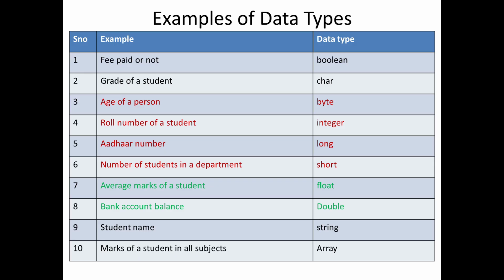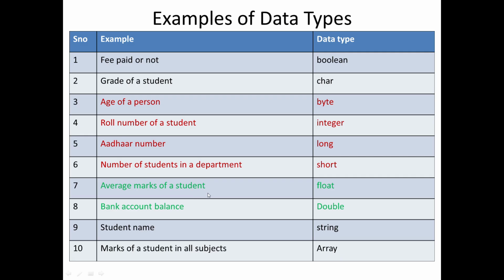It does not require as many bytes of information as integer, so fewer bytes are enough, which is possible by using the byte data type. Similarly, for the number of students in a department, we can use short. Suppose you want to store an Aadhaar number, we can use long. Roll number of a student, we can use integer.